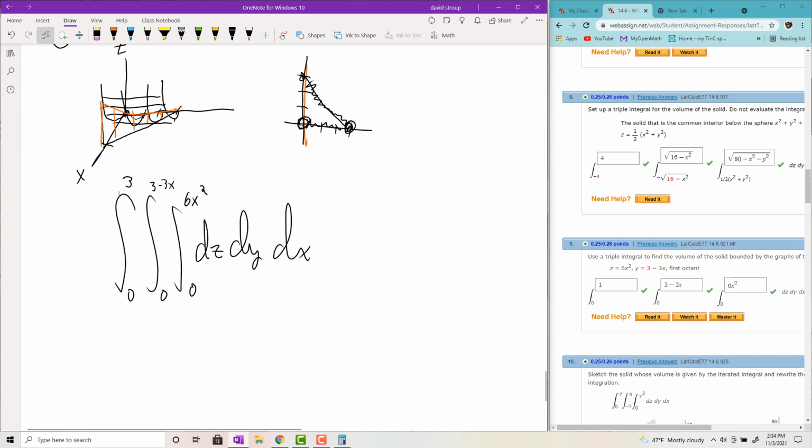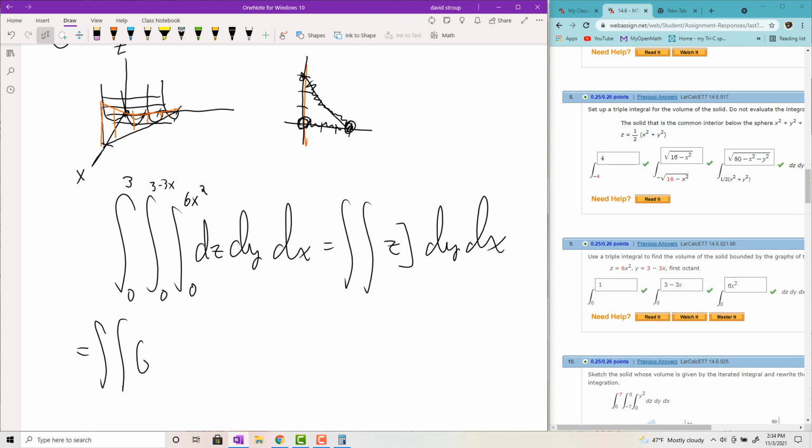Right, so then go ahead and integrate. So we get the double integral of z dy dx. So that's going to be the double integral of 6x squared dy dx. That's going to be 6x squared y evaluated dx.